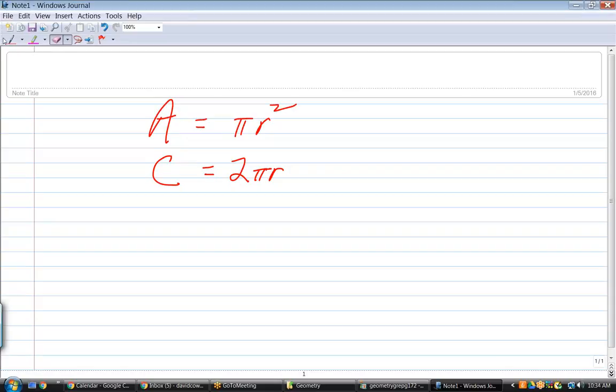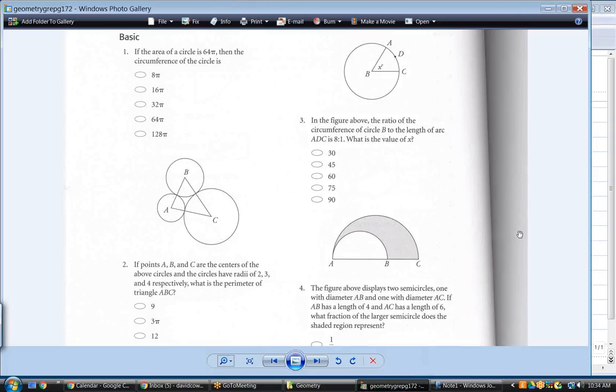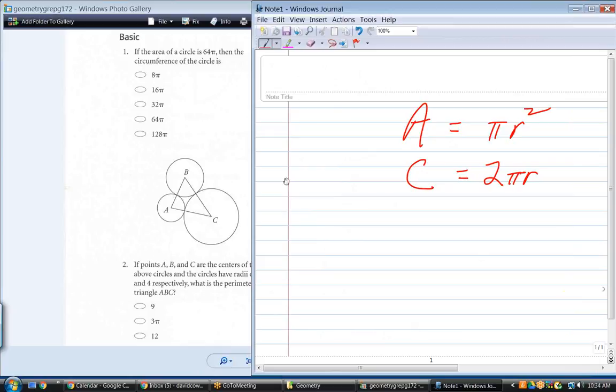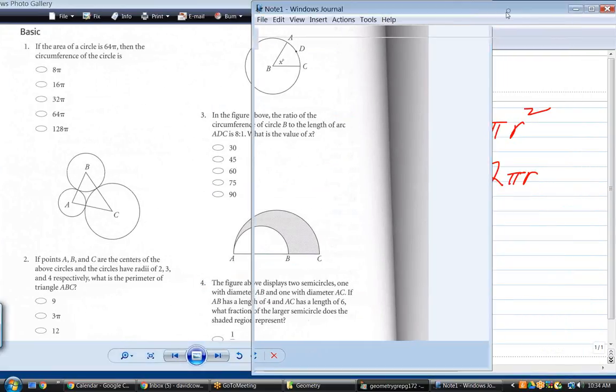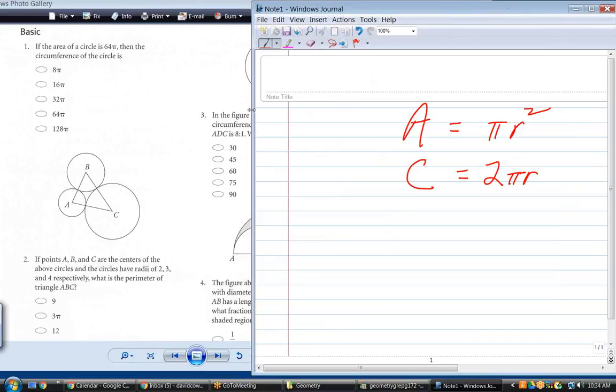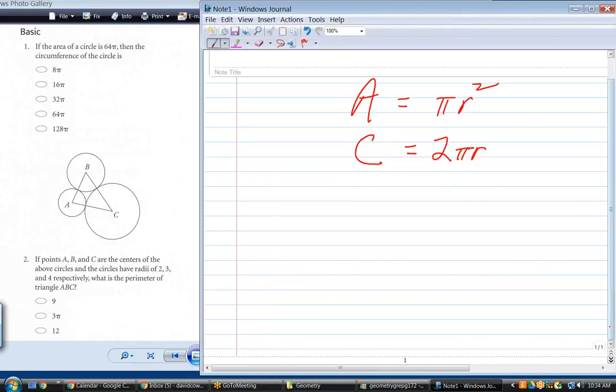So here are your two general formulas, and even if you haven't done much circles in class yet, you will shortly. So this will not be wasted. In fact, I'm kind of amazed that you've gone this far in geometry and they haven't covered circles yet. Yeah, seriously.